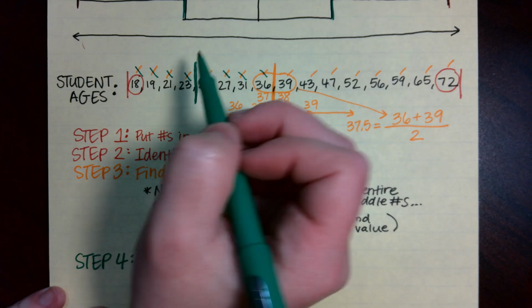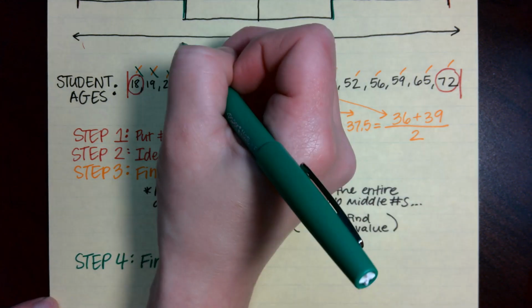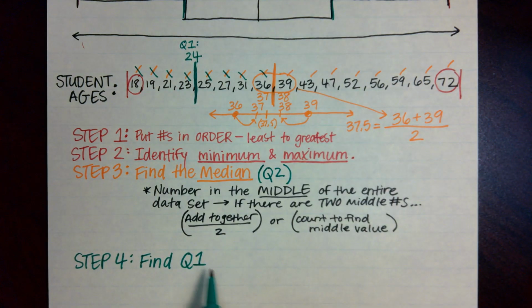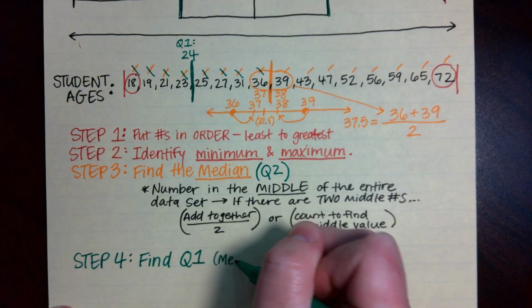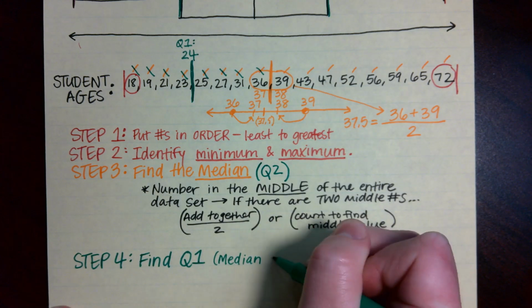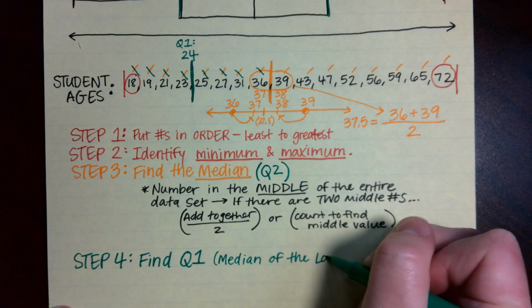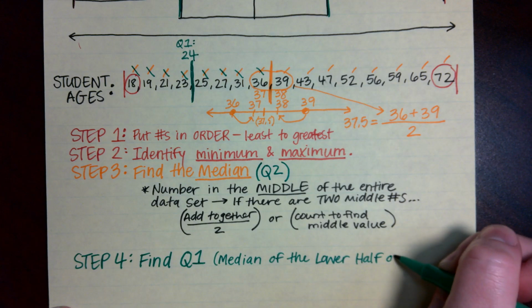This one, there is a nice pretty number right in the middle. So 24 would be our Q1. Okay, so find Q1, and I'm going to put in parentheses, it is the median of the lower half of data.